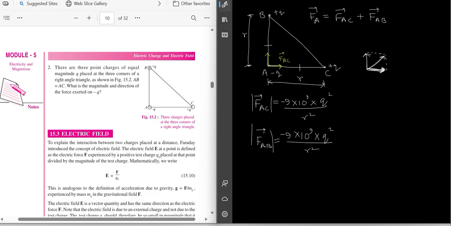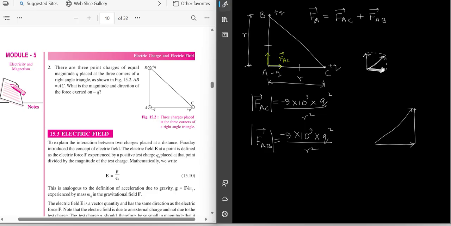First we will calculate the magnitude. In this case these two forces are acting at 90 degrees to each other, so we can use the triangle law and shift this force, considering these forces are free vectors, to start at the tip of the other, and this will be the resultant force.